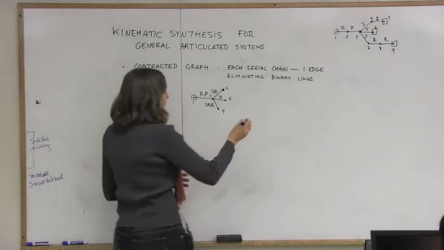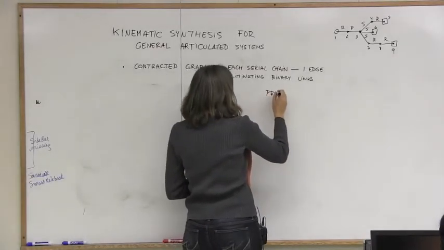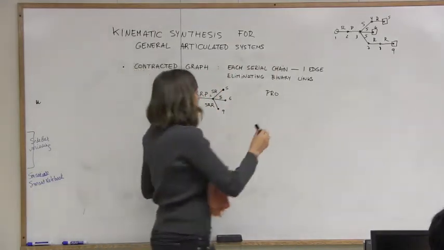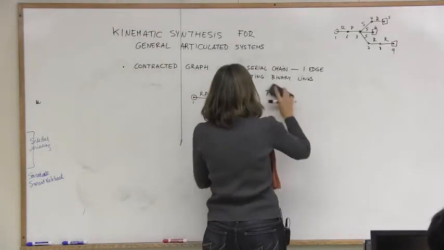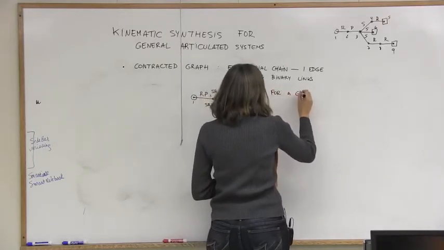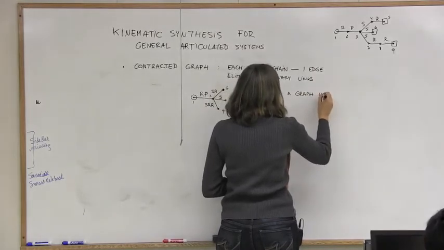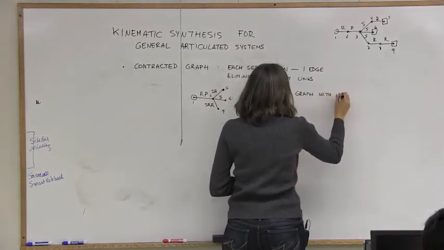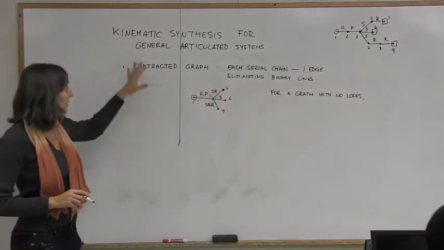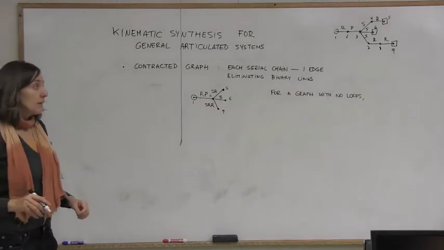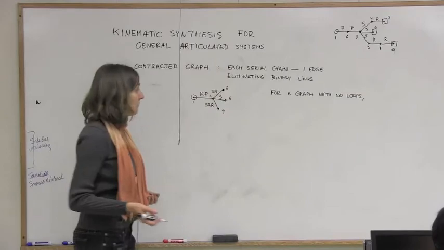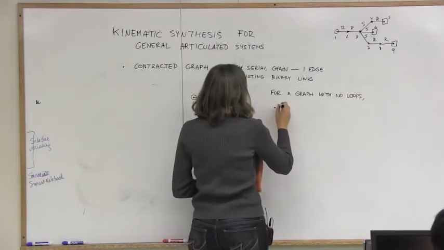We can do the same process for graphs with loops, but for a graph with no loops, after this contraction, if we didn't have loops at the beginning, then we won't have loops at the end, obviously. What we will have is no binary vertices.